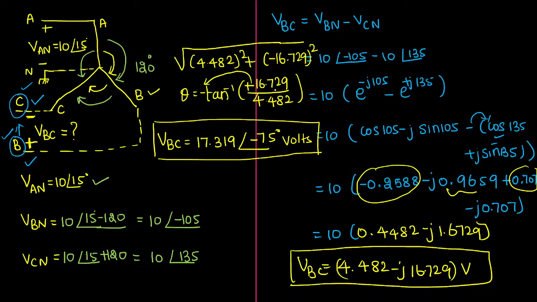It doesn't matter whether you keep that minus inside the bracket or outside of tan inverse, both give the same result. That is how we find the magnitude and the phase angle. So finally we got the value of VBC. Now from this question, what have you understood?